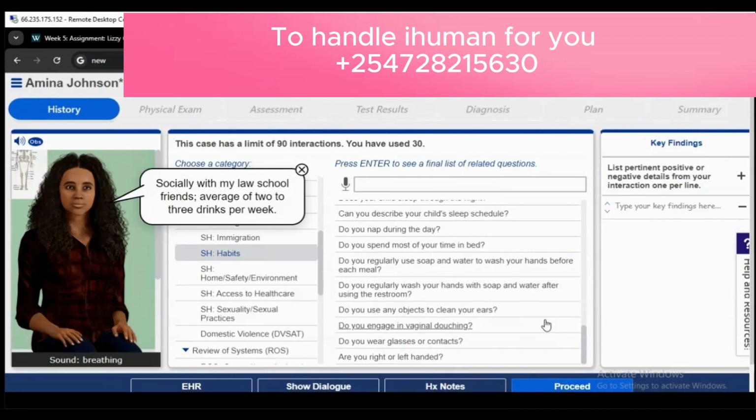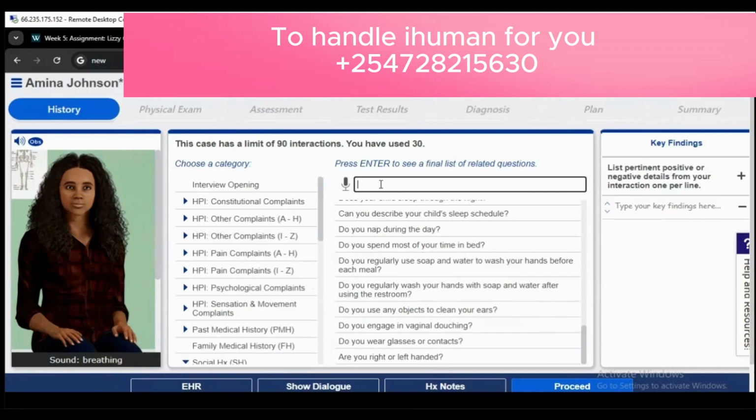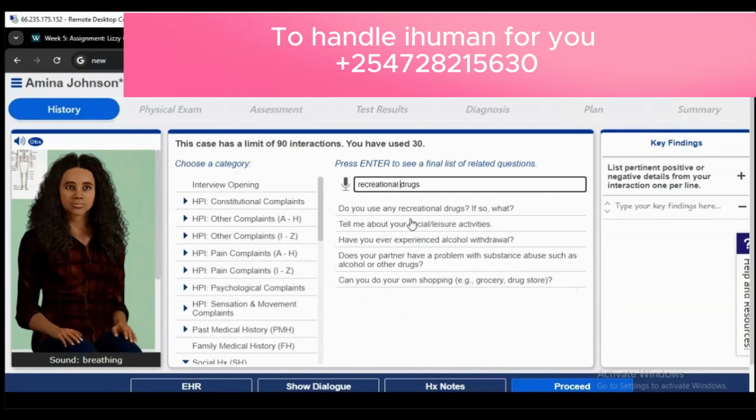So you have to see if this patient has any problem with the medicine that he or she is already using, or the one that you maybe intend to prescribe.